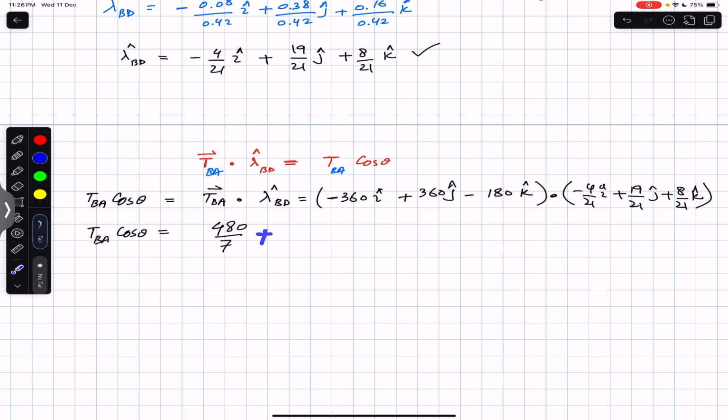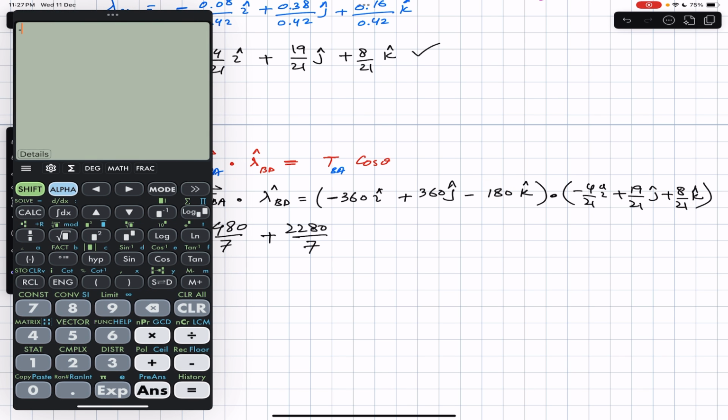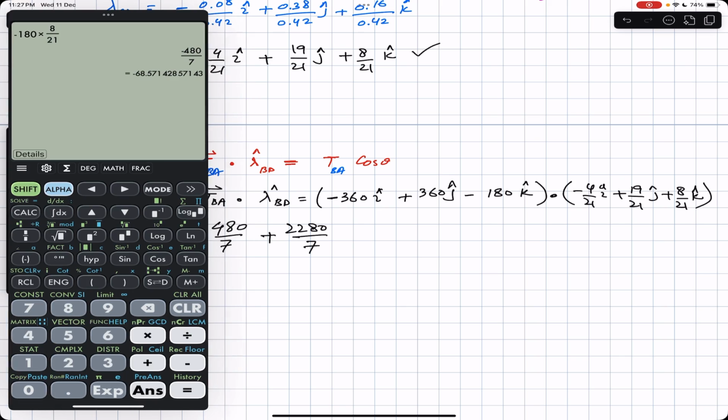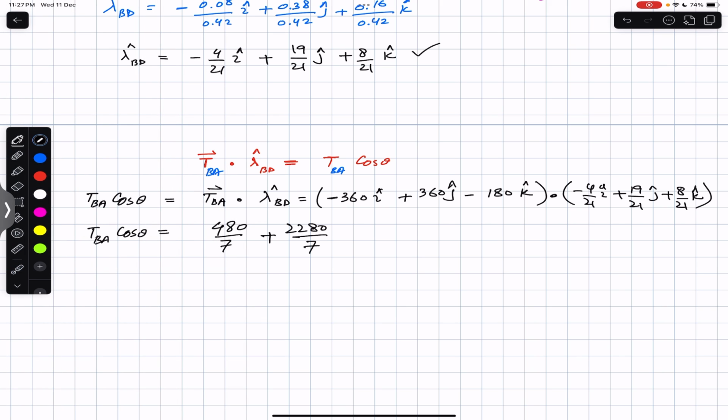And then minus 180 into 8 divided by 21 gives me minus 480 divided by 7. As you can see, this will cancel out with this one, and we are left with 2280 divided by 7.